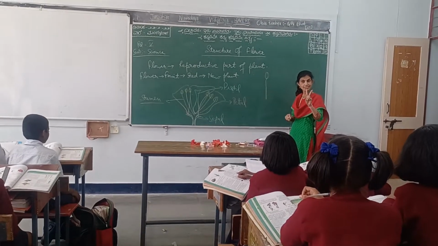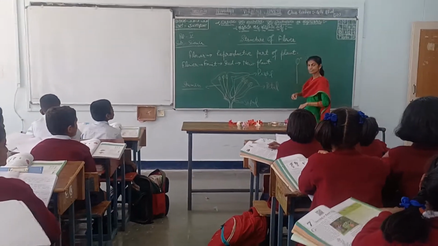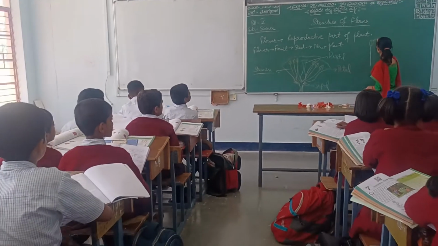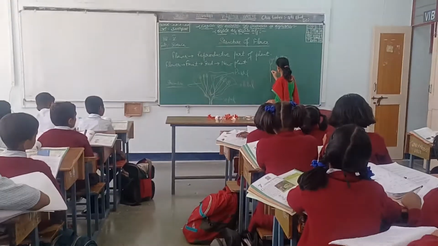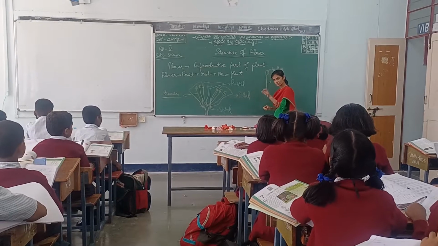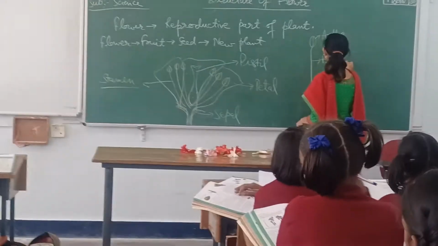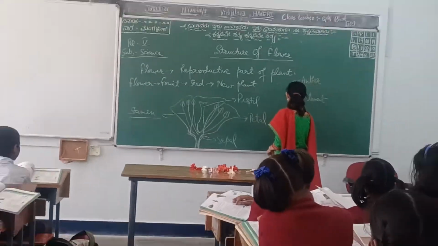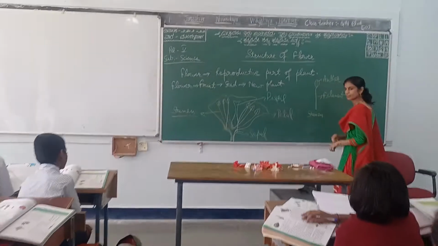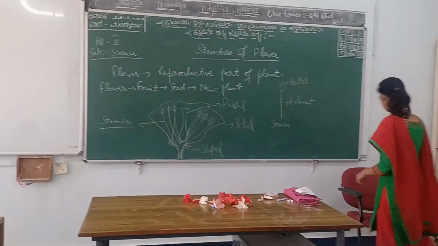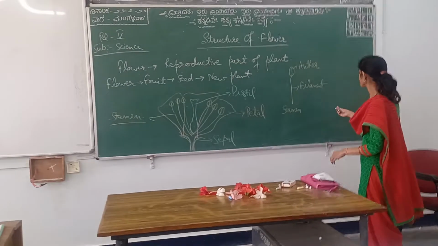Now there are two distinct parts in the stamen. This is known as anther. Head of stamen is known as anther. And this long structure is known as filament. Anther and filament. This is the diagram for stamen. Now we will see diagram for pistil.